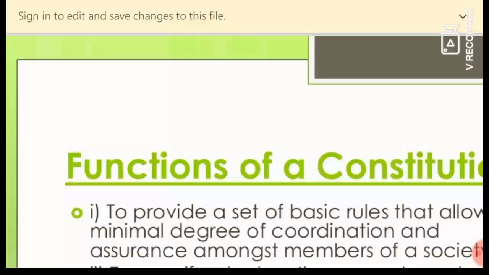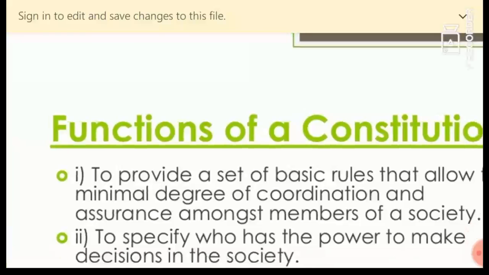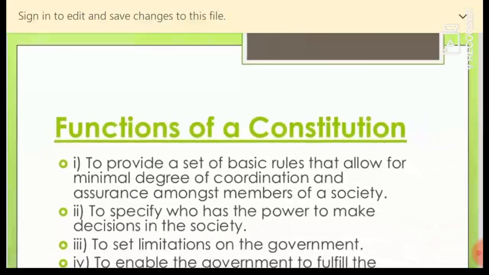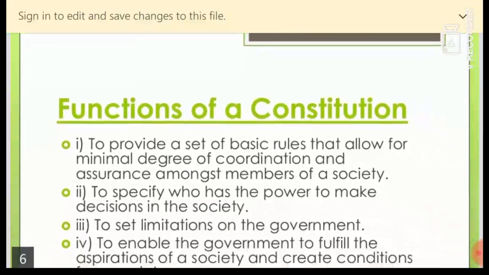So this body was called Constituent Assembly. Britishers handed over the charge of India to Constituent Assembly, and Constituent Assembly started searching and making the provisions for future Indian governance in the correct direction.